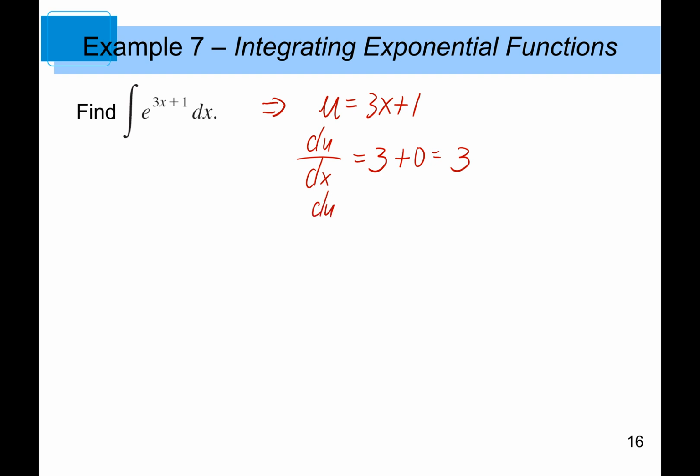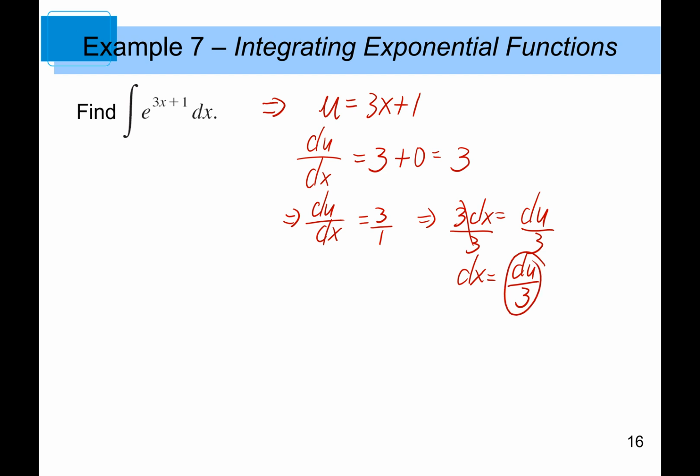So du over dx equals 3. If we turn it into a proportion, 3 over 1, cross multiplying, we end up with 3 dx equals du. Divide 3 from both sides, and dx becomes du over 3.